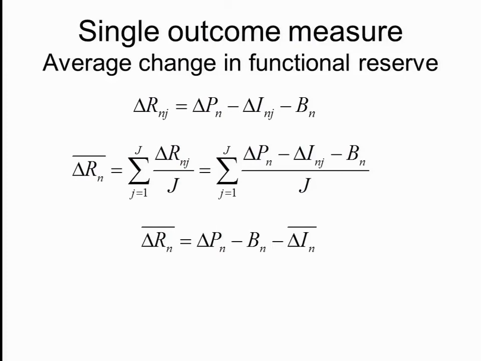And what you can see is if you average the person measures across items, the change in person measures will stay the same. The average across items is the same as what it was. If you average the bias, that doesn't change across items. But if we average the item changes across items, we get this delta I sub n, which is an average of that and specific to that person.